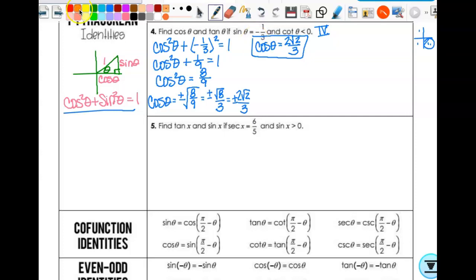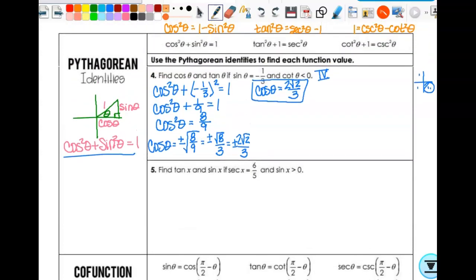So that's cosine. If I have cosine and sine, I could use the quotient identity to find tangent, but it says use the Pythagorean identities. The Pythagorean identity that has secant in it is this one, which is fine, but I don't have secant. What is secant the reciprocal of?